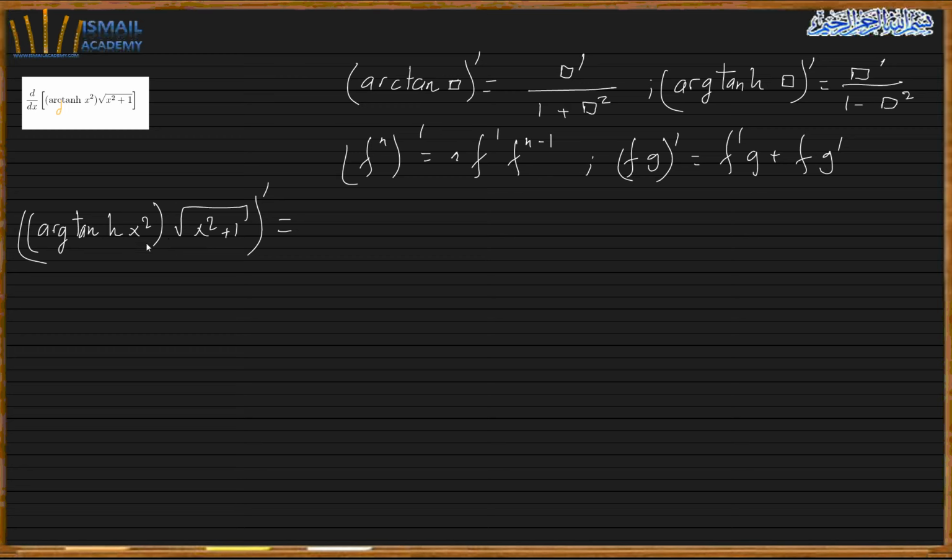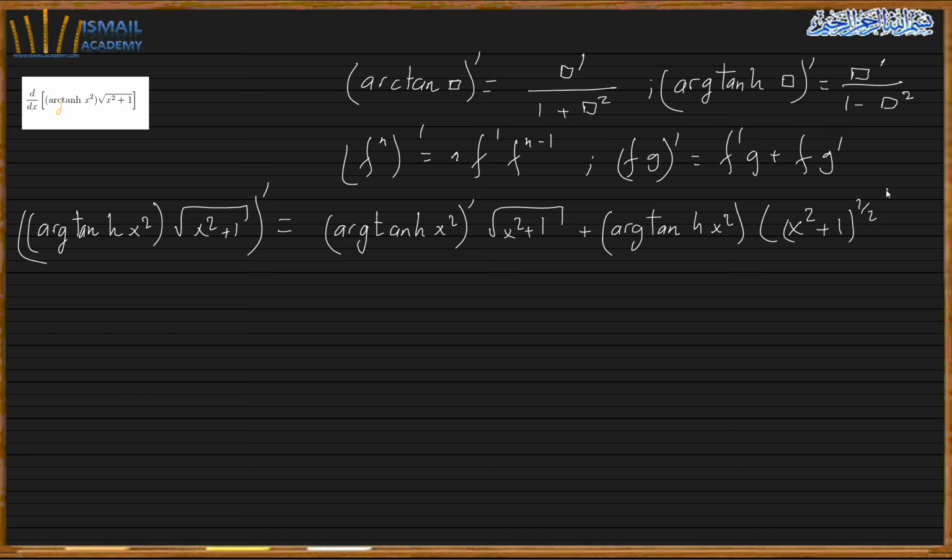So I'm going to apply the product rule first. So it's going to be arc tangent hyperbolic x squared prime times square root of x squared plus 1 plus arc tangent hyperbolic of x squared times (x squared plus 1) to the power half. I change this one to half prime.